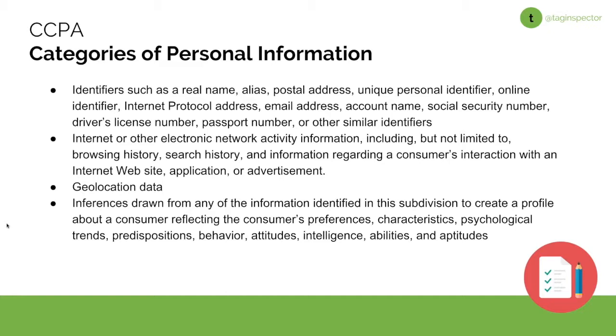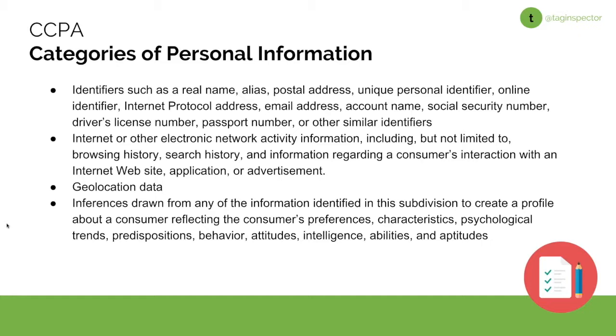These are the 4 different types of personal information that are going to be collected across analytics or advertising tools. So the first one would fall under PII, just traditional PII: real name, alias, postal address. You shouldn't be collecting directly, at least from a tag standpoint, any of these different things. It's possible email address could be collected, as well as IP address, but those are more traditional PII.